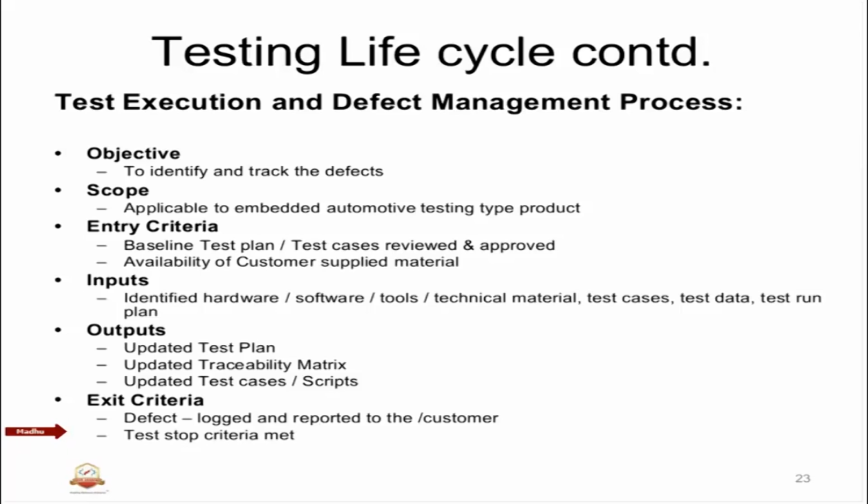So that is what the toll gate is. Based on the plan, the decision for toll gate is taken. So that is the exit criteria, to stop if certain criteria is met or not, or to continue. So that is what is about the test execution and defect management process.